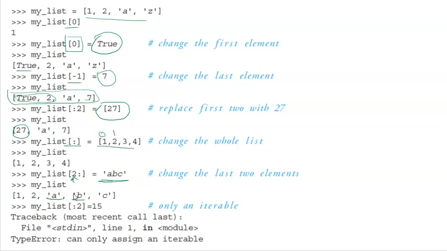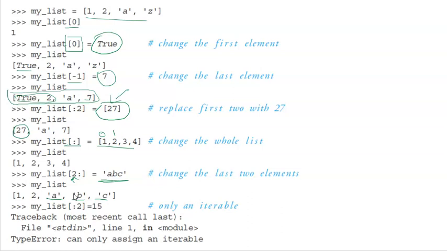What you're saying here is replace the element with index 2 and everything after that with this string, and so it replaces it with the elements of the string. It converts it into a list and then replaces the elements in the list. Now, notice that if you try to do it without the square brackets, we have used square brackets over here.